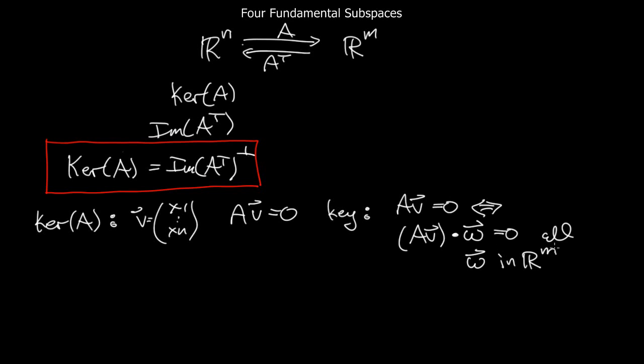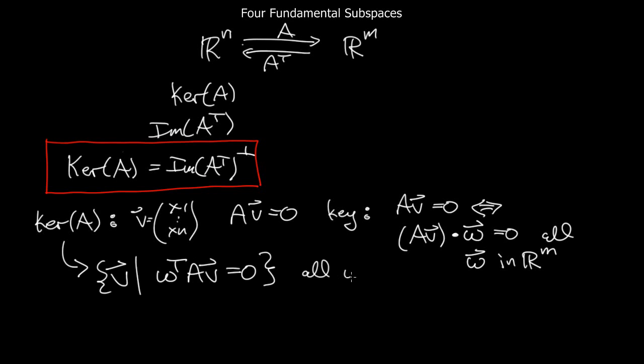Remember, a vector is 0 if and only if its dot product with every vector is 0. So the kernel of A can be thought of in the following way. It's the set of vectors such that W transpose Av is equal to 0 for all W. Because this thing, W transpose Av, is just another way of writing Av dot W.